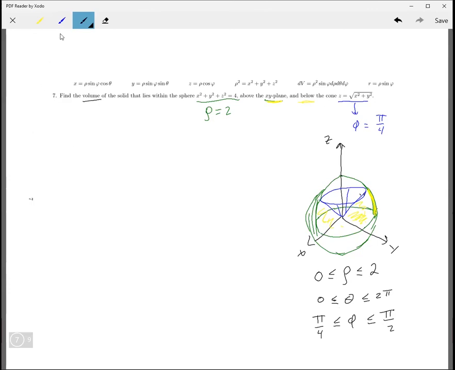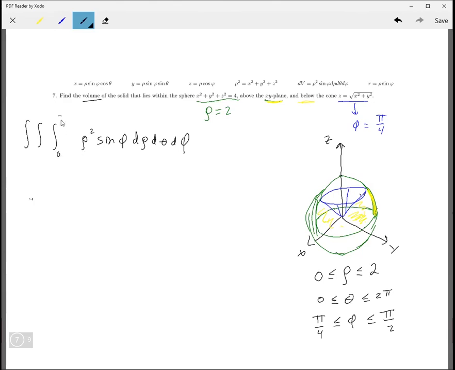Okay, so you're supposed to find the volume. That means we just put this inside to integrate: rho squared sine phi d rho d theta d phi.